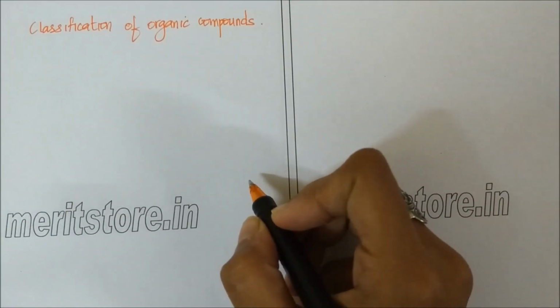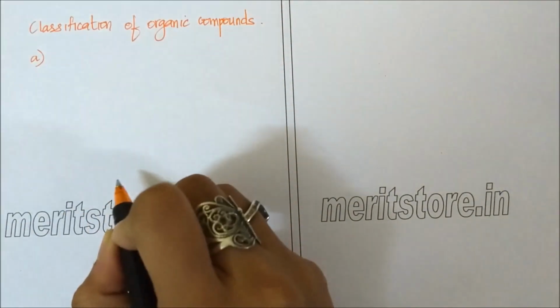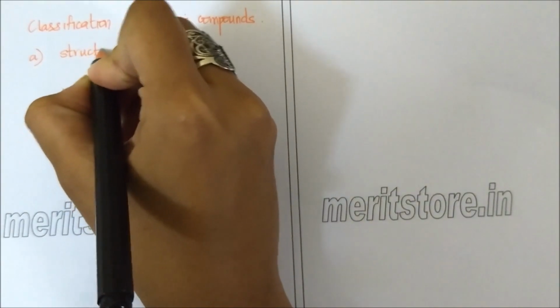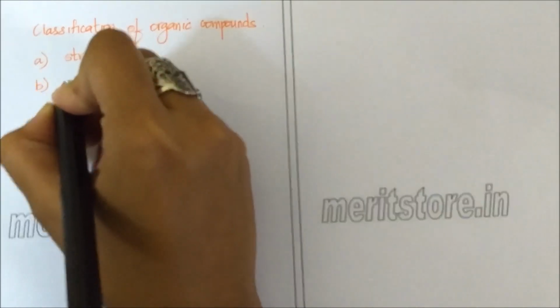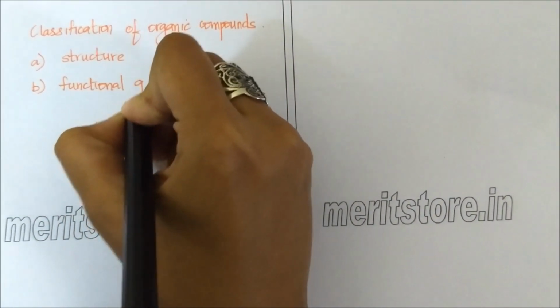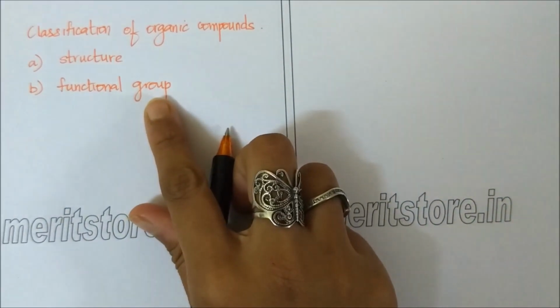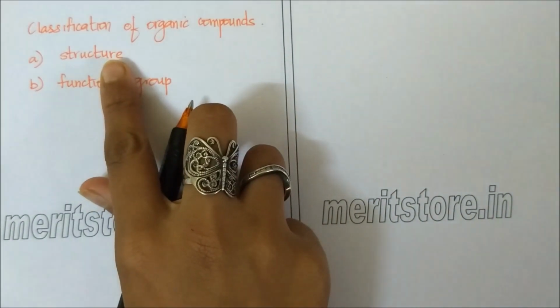The first way is on the basis of structure, and the second is on the basis of functional group. So let us first see the classification based on structure.